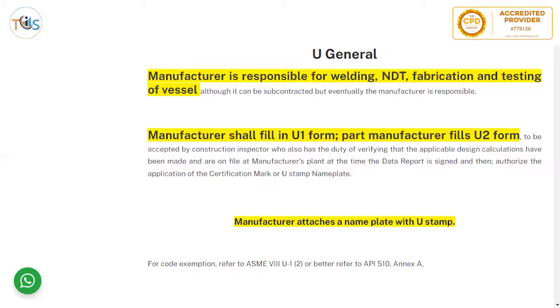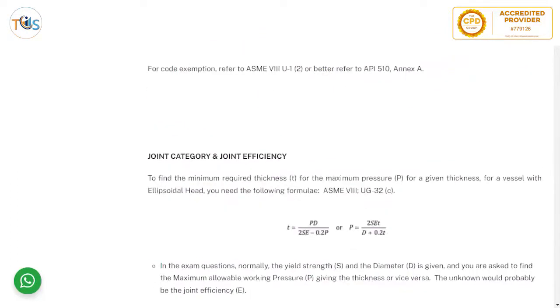After looking at these documents, normally checking that the calculation is per ASME code, and also witnessing the pressure test, the authorized inspector signs the document, thereby authorizing the application of the certification mark or U stamp nameplate on the vessel. The manufacturer attaches a nameplate with U stamp, and that's where the U stamp comes from.